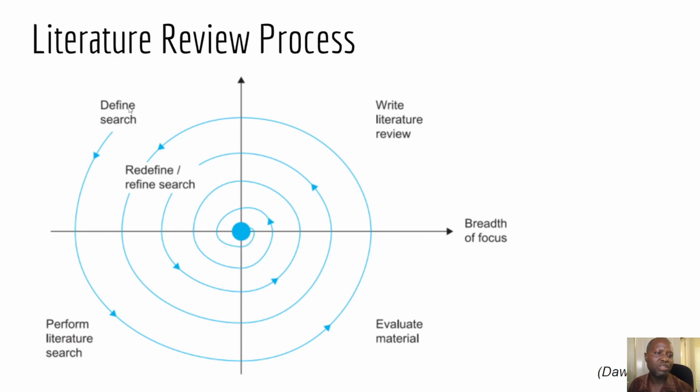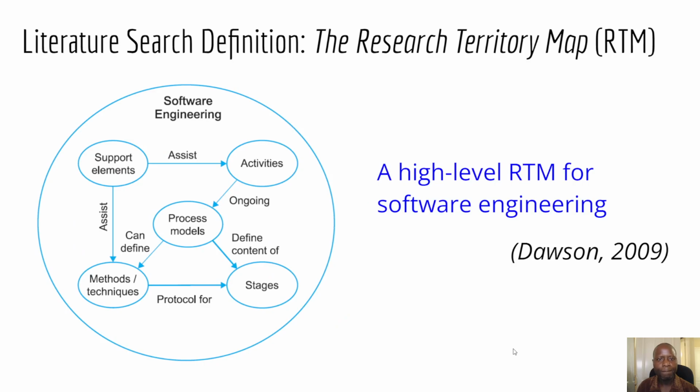You can't say you define the search and so on. You start from somewhere and you cycle throughout these areas. You are free to go back to redefine the search and search the literature again, and so on. So it's not really a straight path.